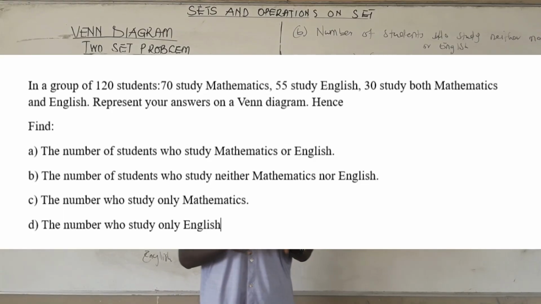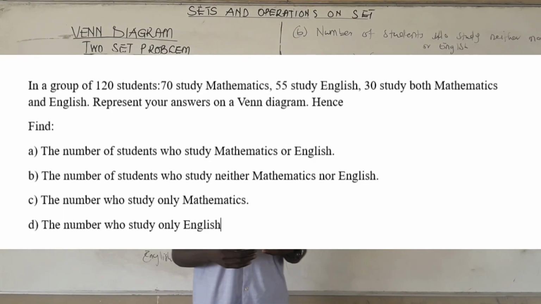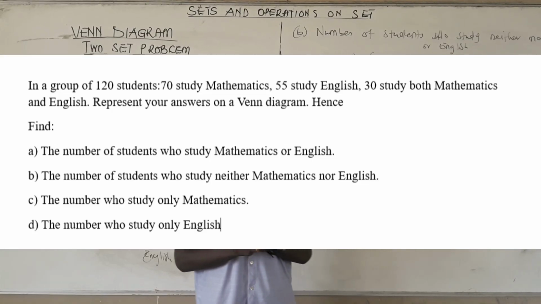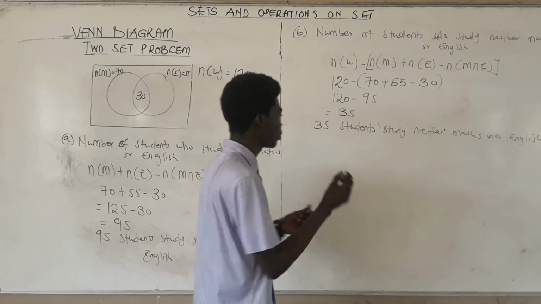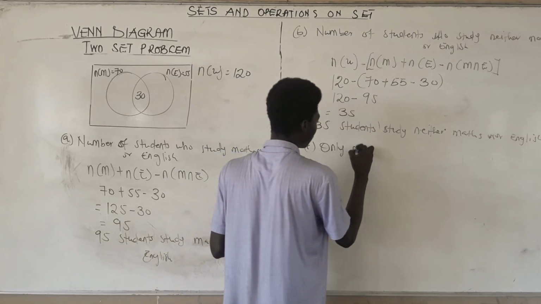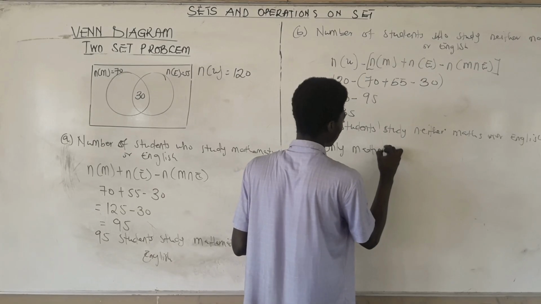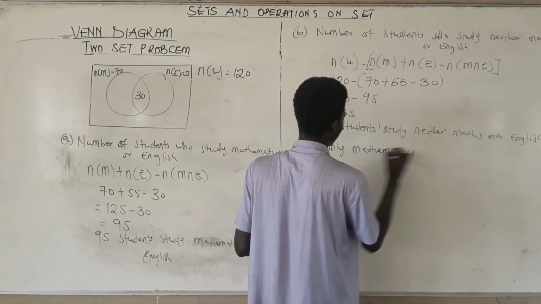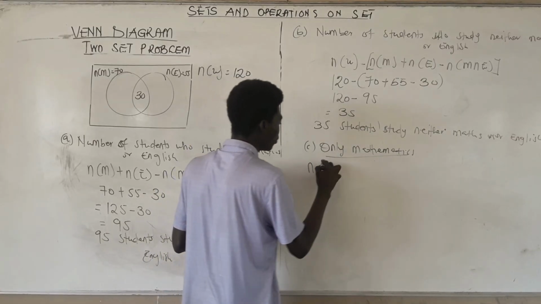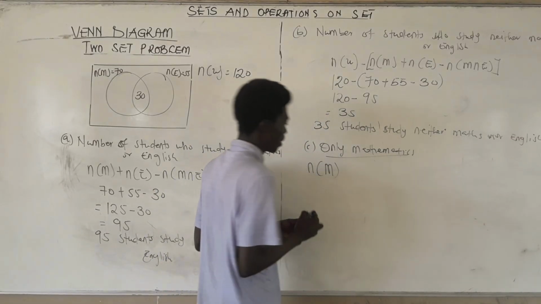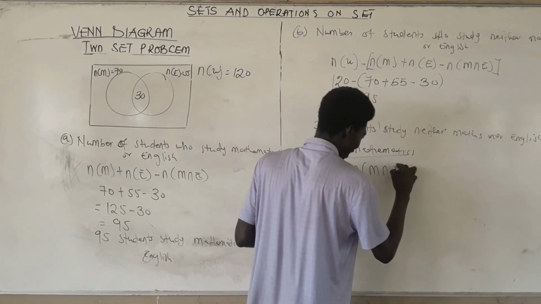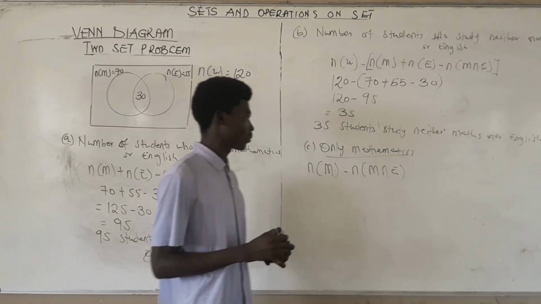Okay, so we continue. So the next question is the number of students who study only mathematics. That is going to be, so that is C, right? So only mathematics is going to be number of students who study mathematics minus the number of students who study mathematics and then English, right?